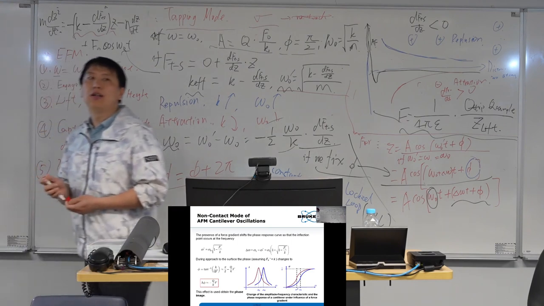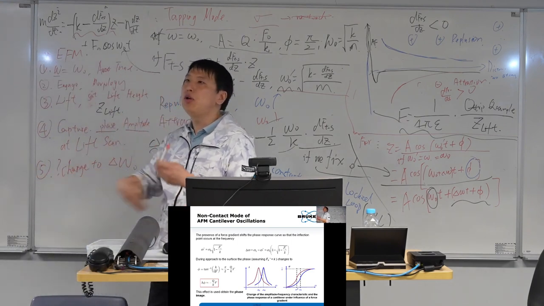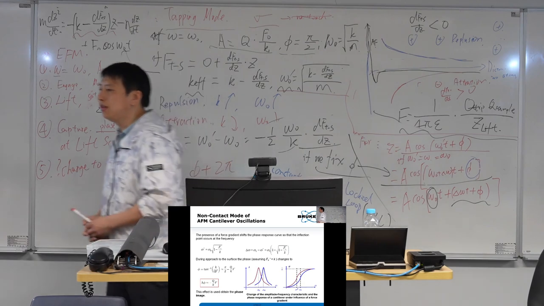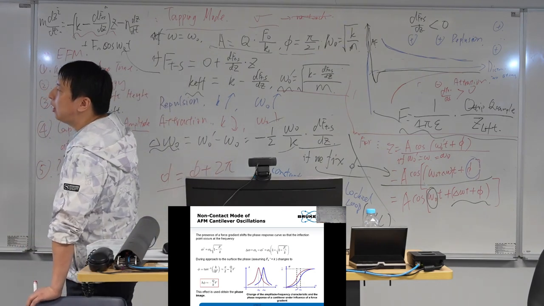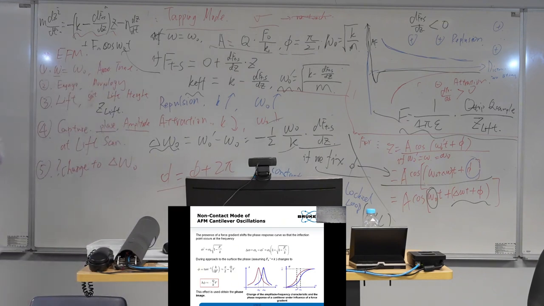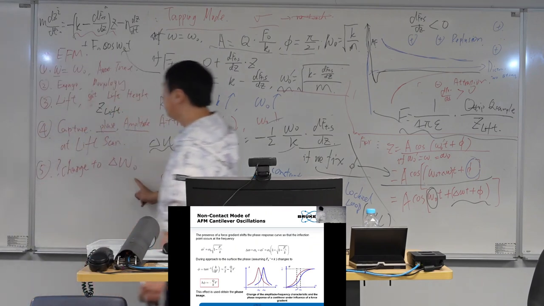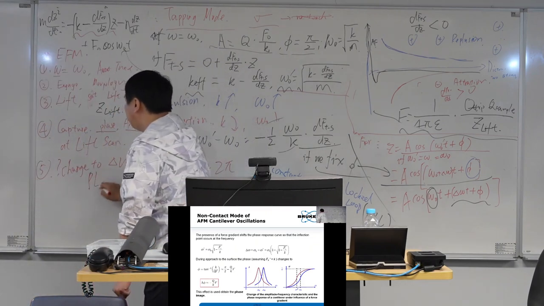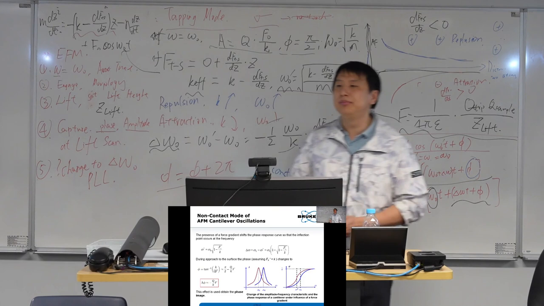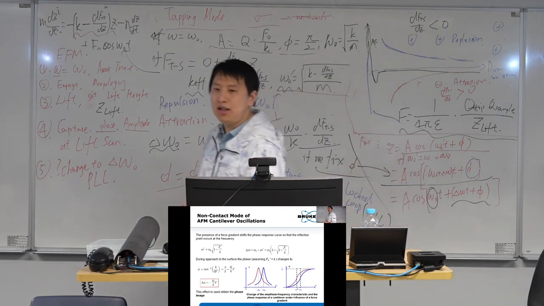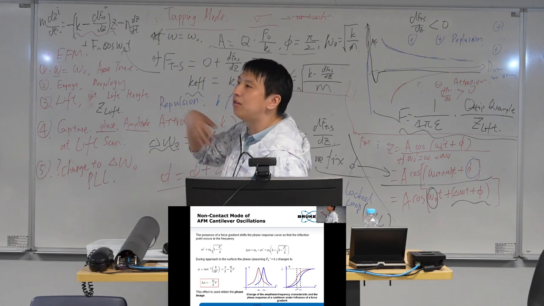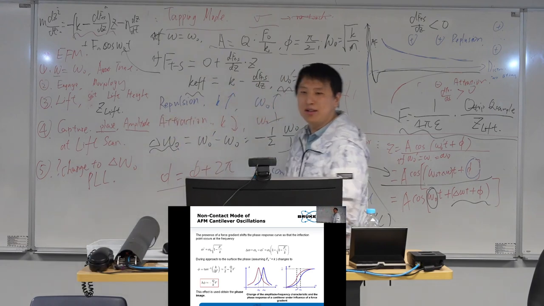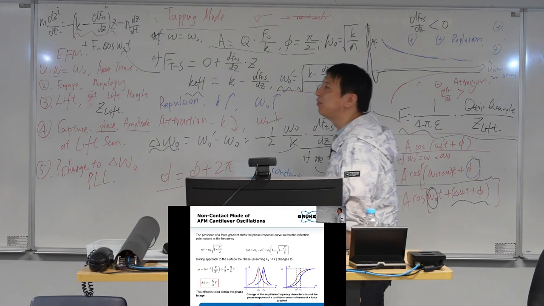So if you are using a reference and you want to follow the same method in that reference, if they are studying resonance frequency shift, you turn on the PLL, phase locked loop. Okay, it's an option in our software. You can choose to turn it on, or we can show you in our hands-on session this afternoon.